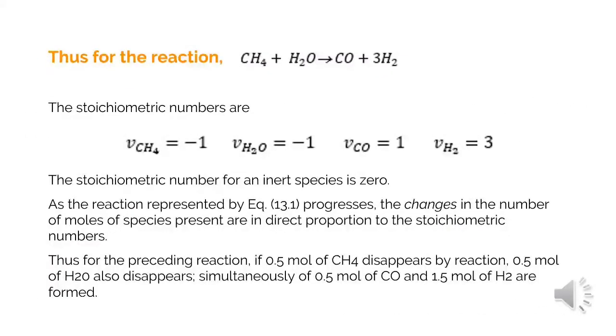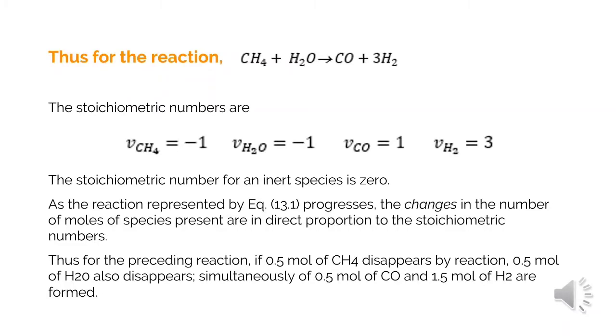To understand this a little more, let's take a look at this reaction: CH4 plus H2O becomes CO plus 3H2. The stoichiometric number for CH4 is -1. Remember, for a reactant it is negative.